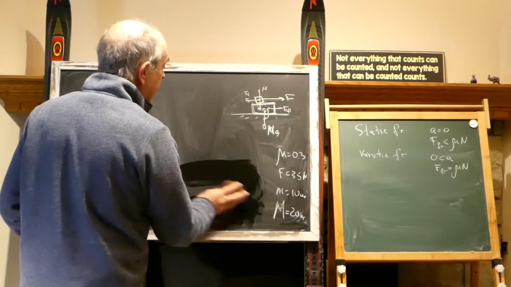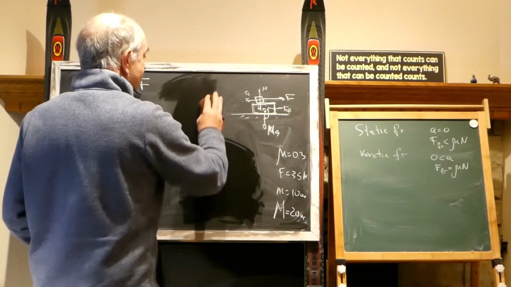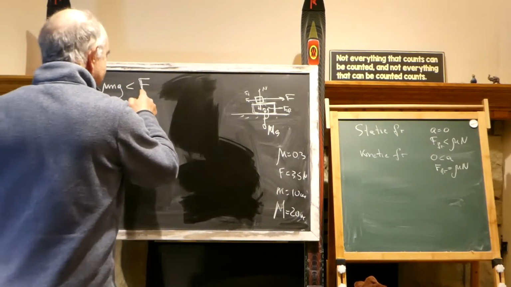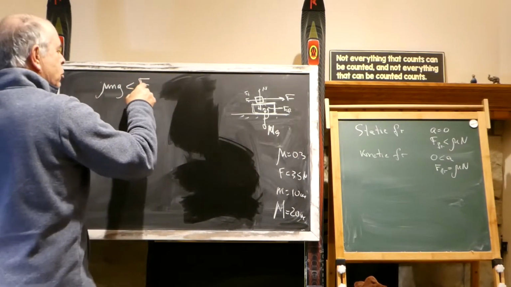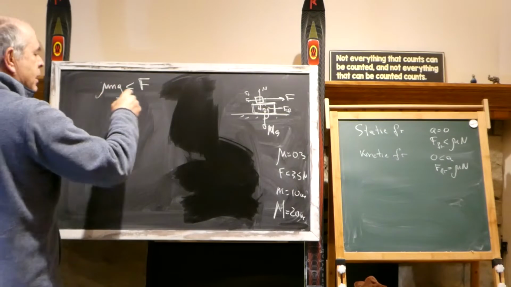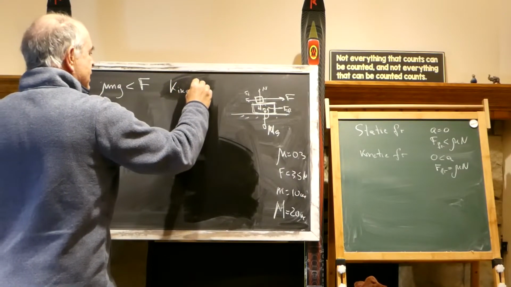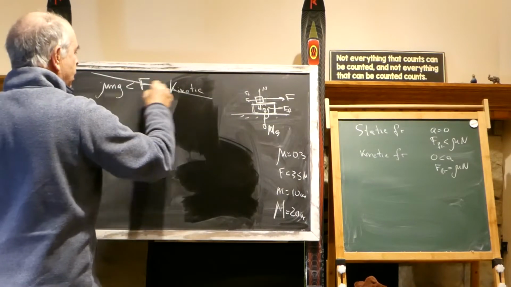But it's wrong here because this body can move too. So this assumption that as soon as F becomes greater than mu mg, it becomes kinetic, is wrong.